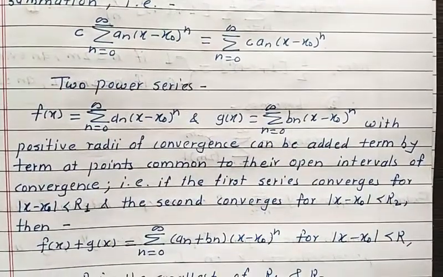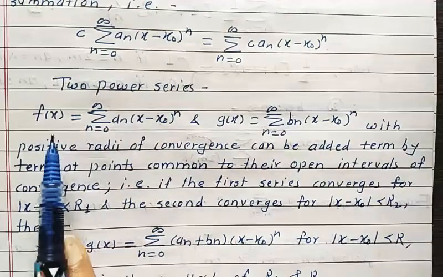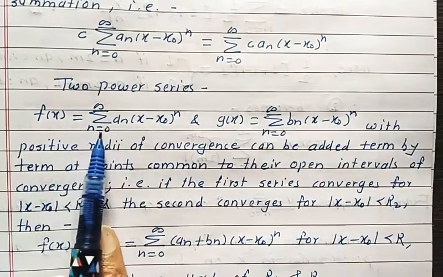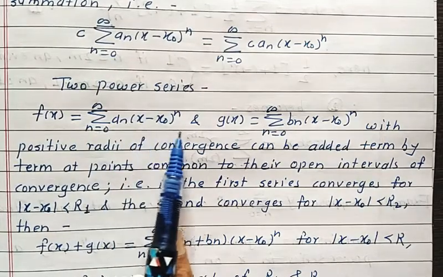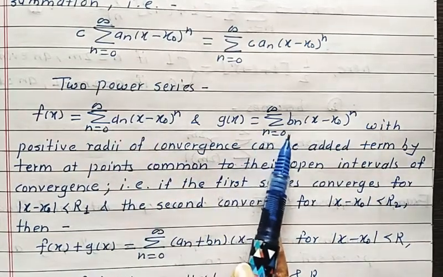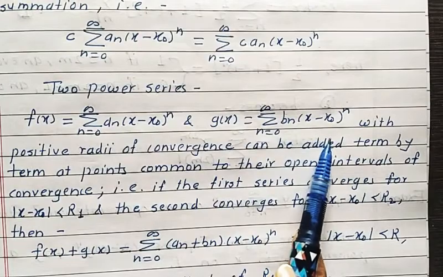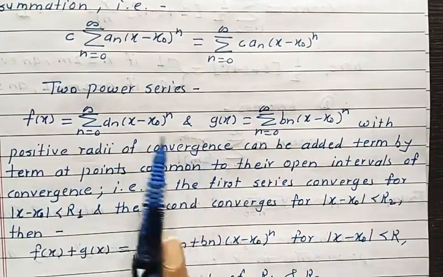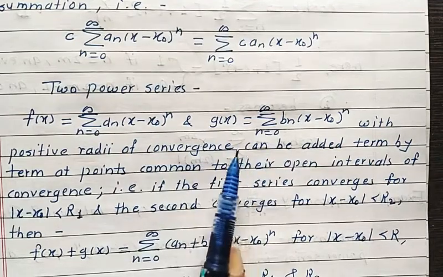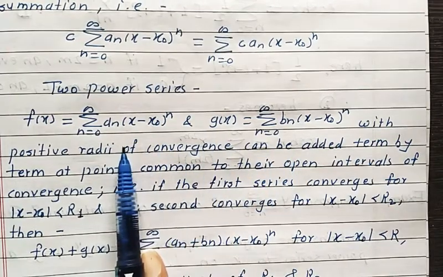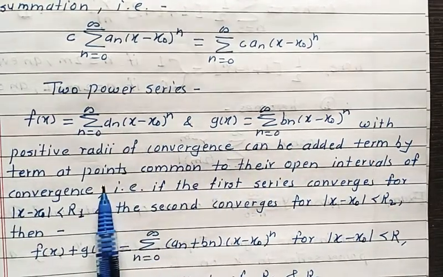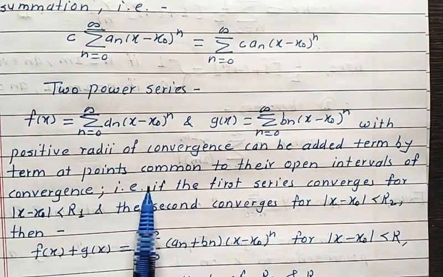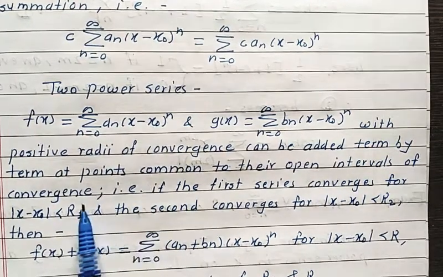Now take two power series, suppose f(x) is summation of a_n (x minus x naught) raised to n and g(x) is the power series summation of b_n (x minus x naught) raised to n, both with positive radii of convergence. Then these two power series can be added term by term at points common to their open intervals of convergence.